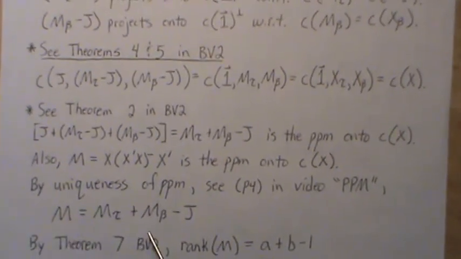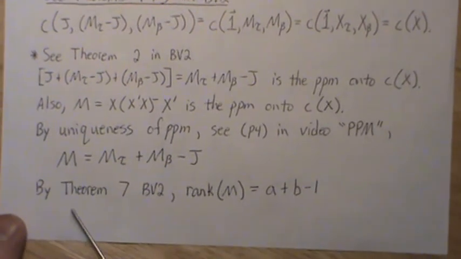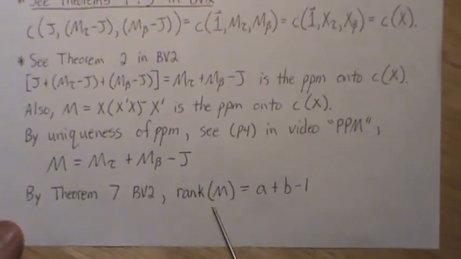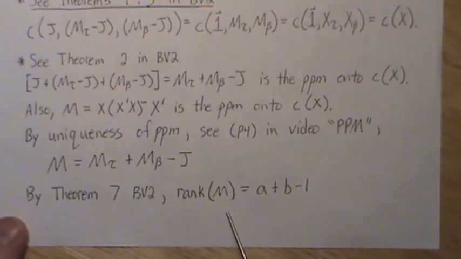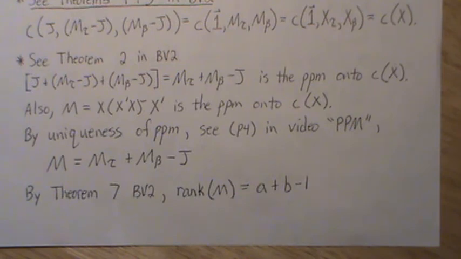And now we know the structure of the perpendicular projection matrix on the column space of X. By theorem 7 in BV2, we know the rank of M is A plus B minus 1. And that's going to be important when we develop tests for this in this setting.